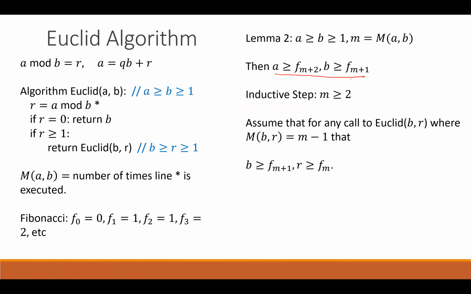My inductive hypothesis gives me that B is at least f of M plus 1, and R is at least f of M. Then I can write A as Q times B plus R, which is at least f of M plus 1 plus f of M. So A is at least f of M plus 2.